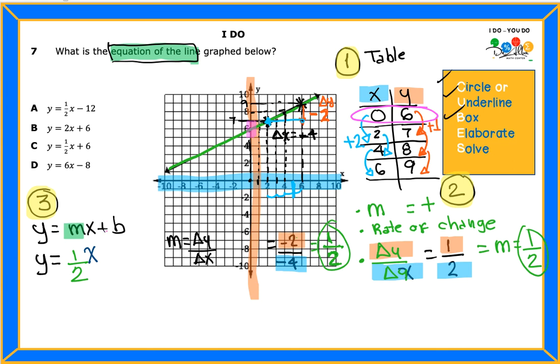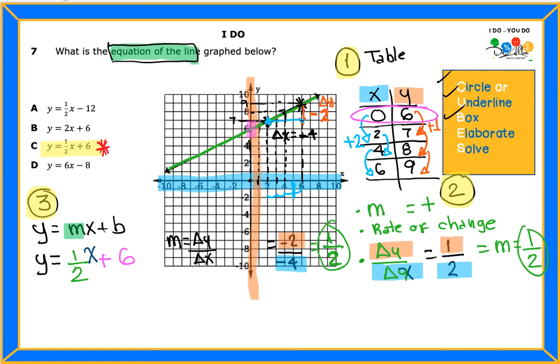So what's the value of the b? The positive 6, plus the 6. Do you find the answer in the answer choices? Yes, it is choice C. y equals 1/2 of x plus the 6.